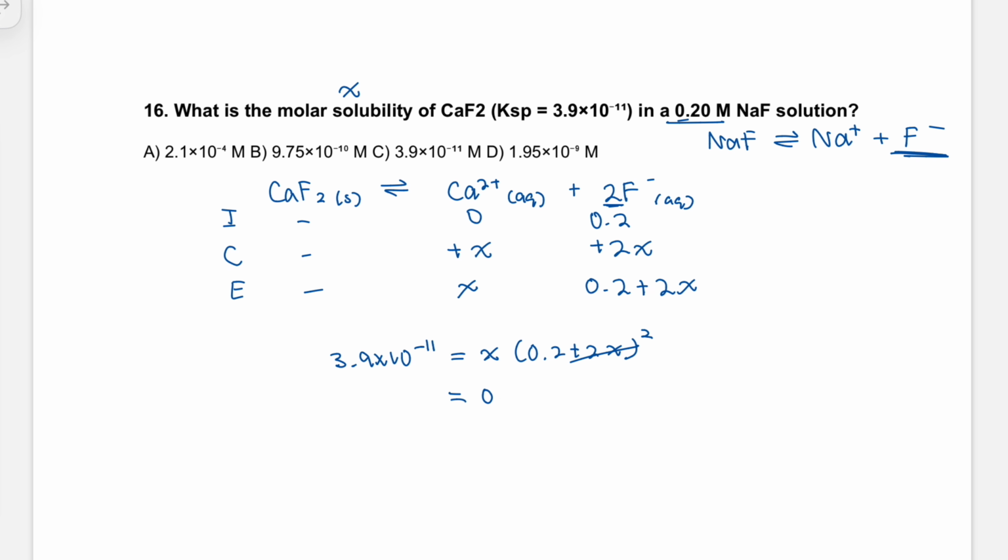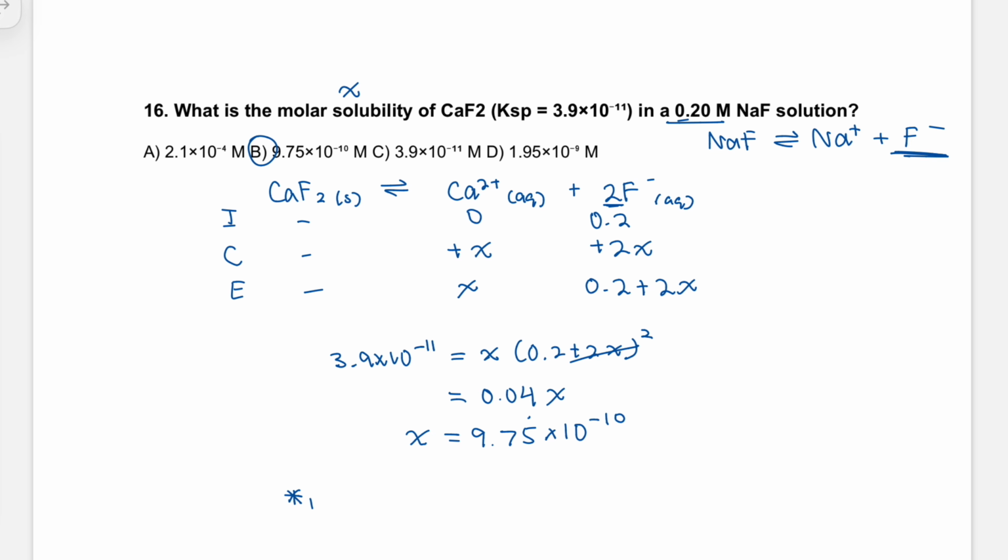So this will be 0.04x, and then solving for x, we get 9.75 times 10 to the negative 10. So the answer is B.